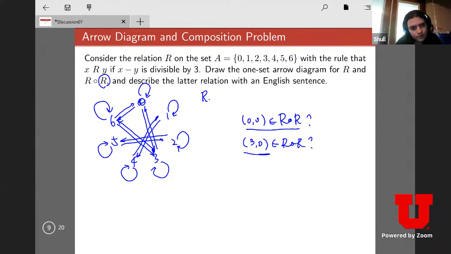Any questions about that? Okay, so how do we write an English sentence for R of R? Basically we're saying XY in R of R means what?